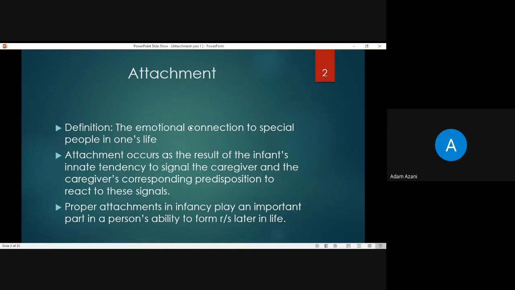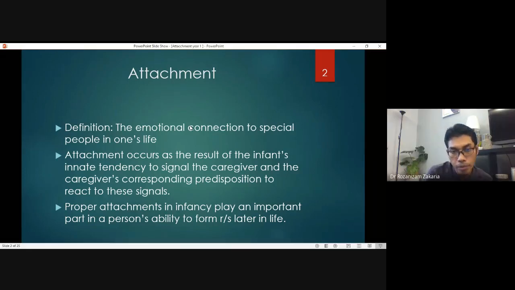These are the signals that they give. The mother is another person who can respond to the signal. The mother can give warmth, comfort, as well as milk to the baby. Whenever these interactions occur, the emotional connection develops. So a proper attachment later develops.